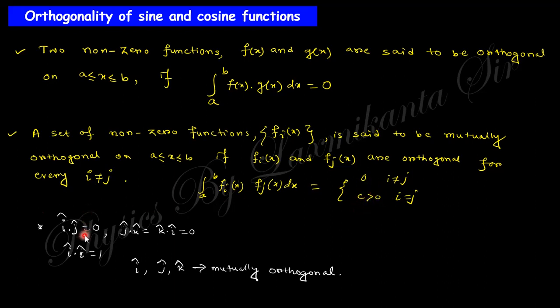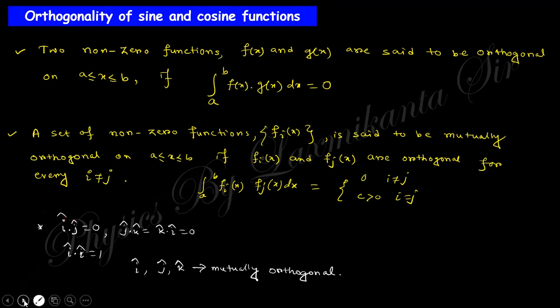You know, for unit vectors of the x-axis, y-axis and z-axis taken as i cap, j cap, k cap, then i dot j, j dot k, k dot i will be 0. That means when the two are not equal this becomes 0, and when they are equal, i dot i is 1, that is the constant. So this is the mutually orthogonal property: when there are more than two, the product of one with another will be 0. I think you know about this.